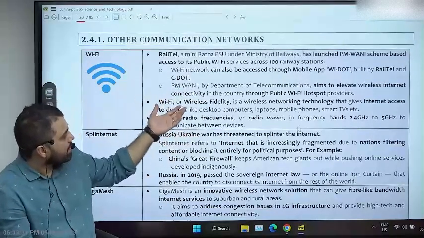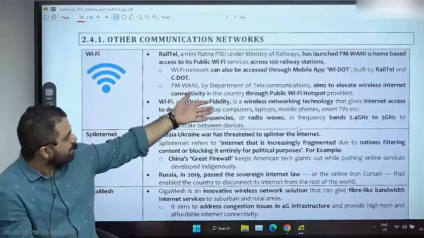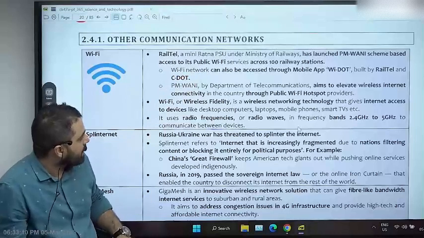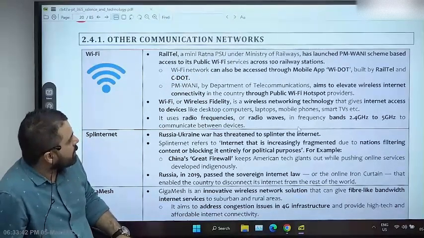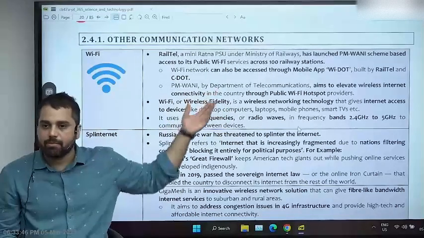So this was envisaged by government in fact 3-4 years ago, and अभी ये news में इसलिए है because there is a company called Railtel which basically work under Ministry of Railways. They have started working on this Wi-Fi dot, which is part of PM-WANI scheme.